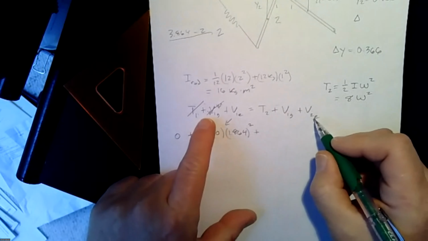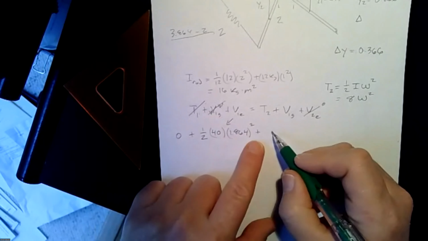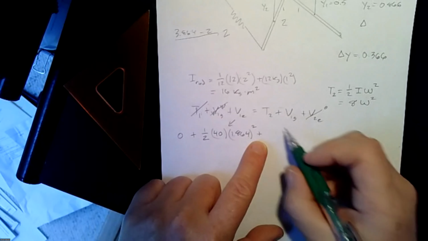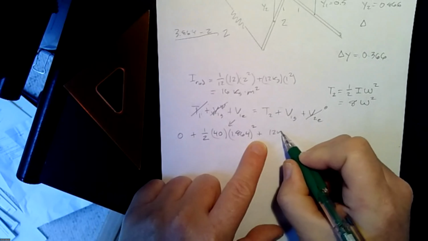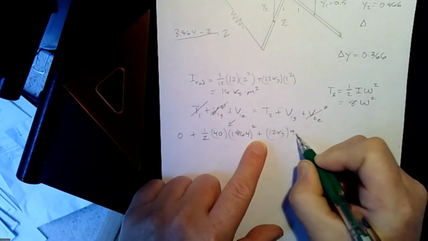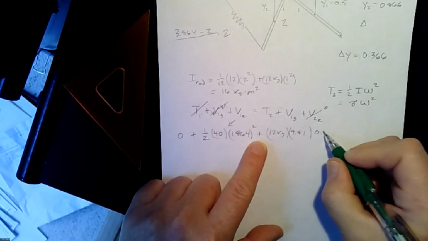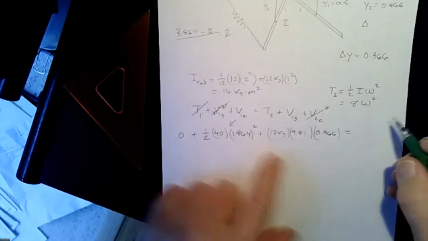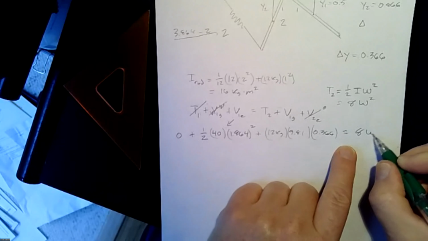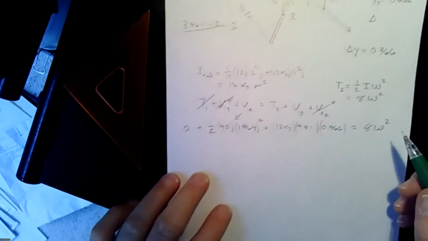So it's basically going to be the difference. This is 0 because it's relaxed. So it's going to be the difference of gravitational. So it's going to be the 12 kilograms times 9.81, and then times just the delta, which is 0.366. And then that all is going to equal my 8 omega squared. And that's it.